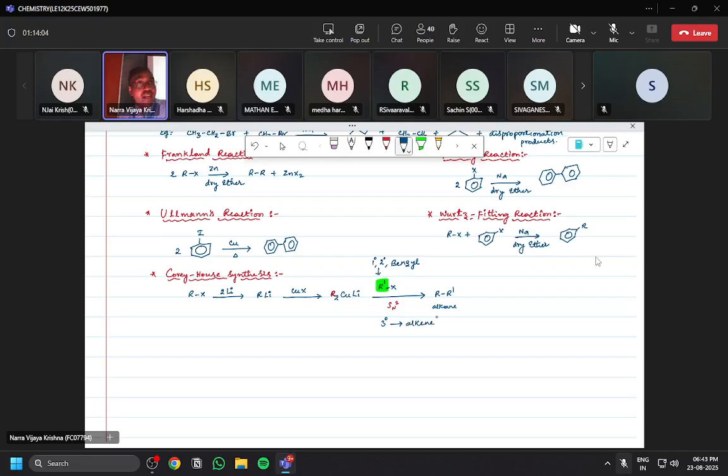Will you understand, sir, if I write like this? Now, in the initial case, this RX may be primary or secondary or tertiary or allyl or phenyl or benzyl, etc. It can be anything.